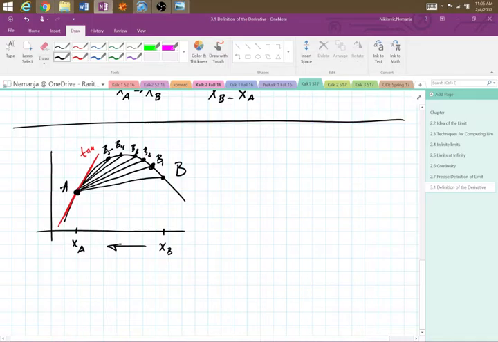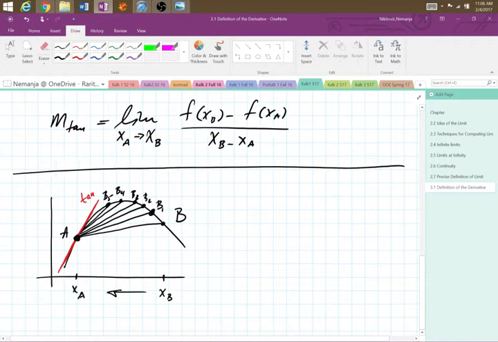So now what do I have? If I'm to use the same thing, we see that this formula that I wrote up there is just going to be flipped in terms of A's and B's, but it's the same formula. So m tangent is going to be limit as xb approaches xa, because xa is the one that is stationary.